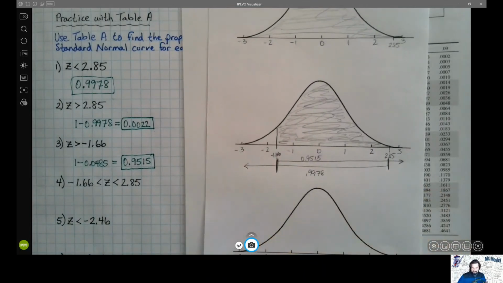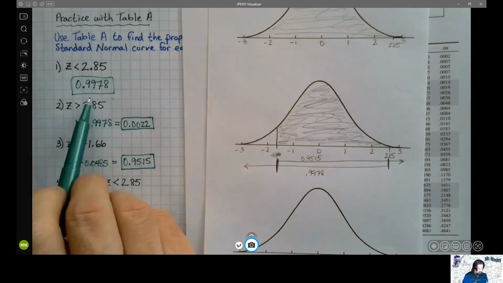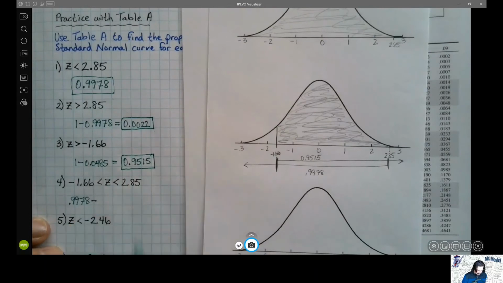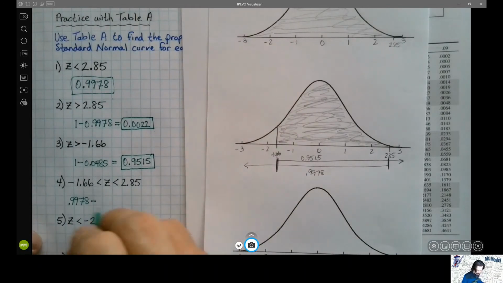That's going to give me the least amount of work. It makes sense from my drawing to do it this way. So we're going to take the 0.9978, first problem, and subtract this portion that's to the left, outside of my inequality, from this value.